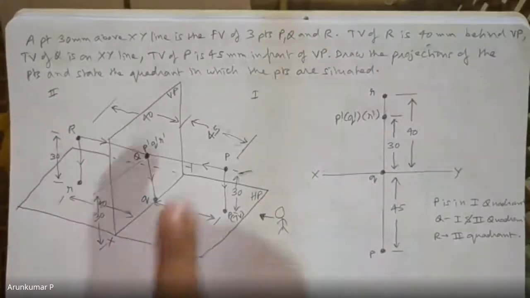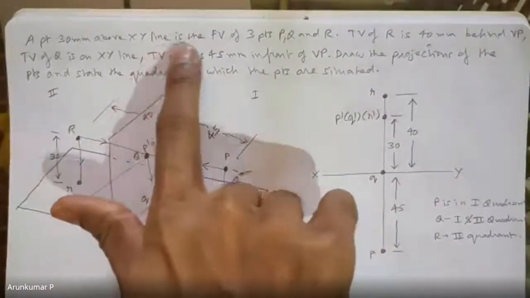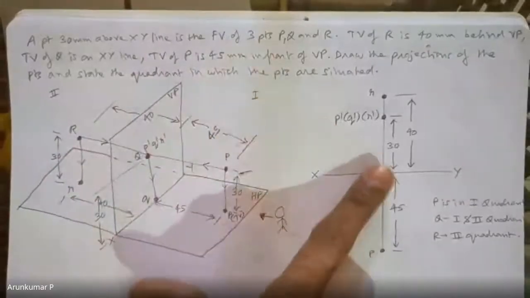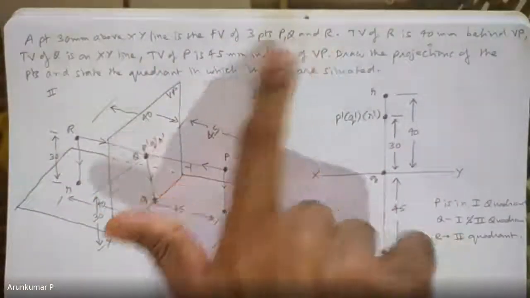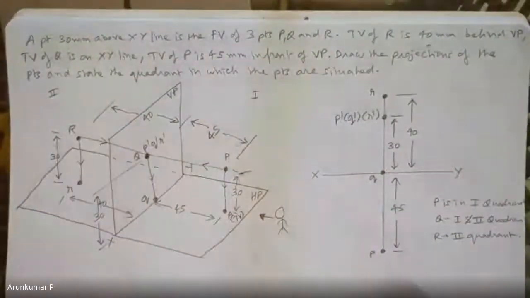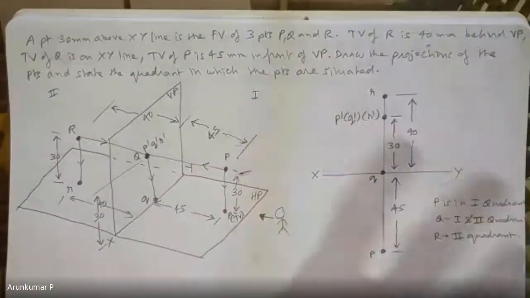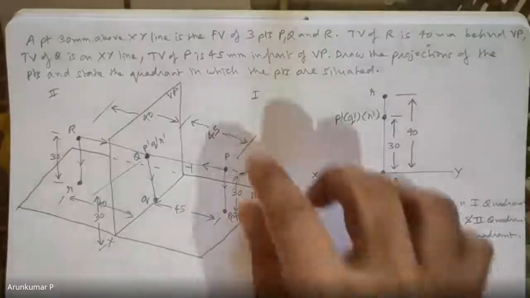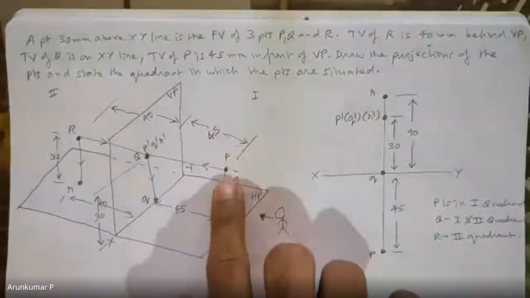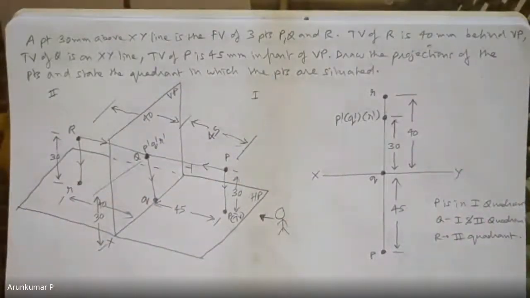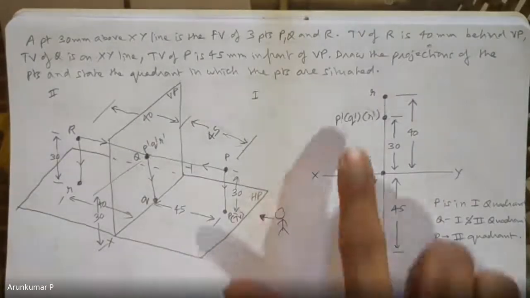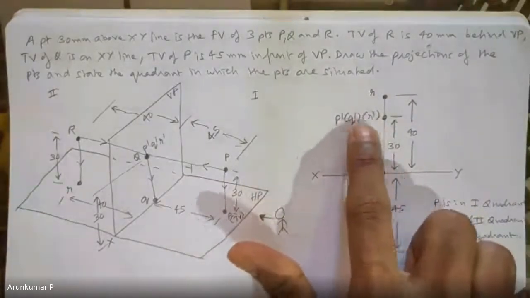See, the point is, it is given that this point 30 above is the front view of 3 points. It is not told that you are able to see all the 3 front views. No, that is not possible. If you look from the front, all you're going to see is the front view of the point P, nothing else. So these 2 are there, but they are not seen, so you put them in brackets.